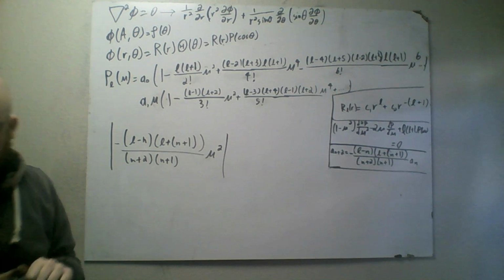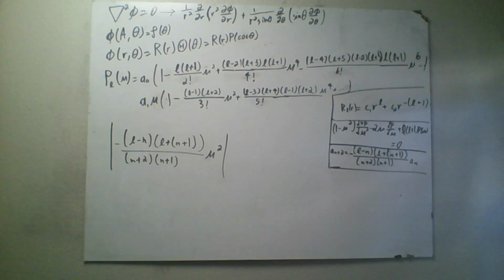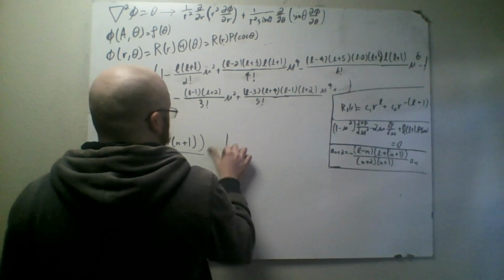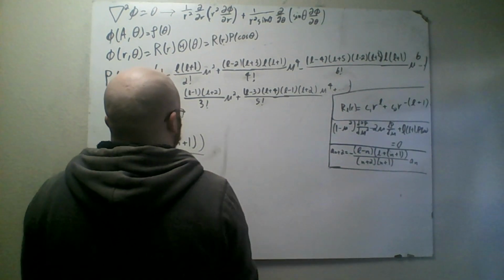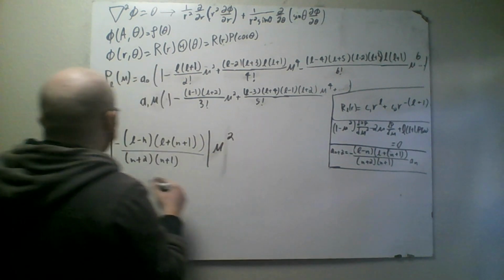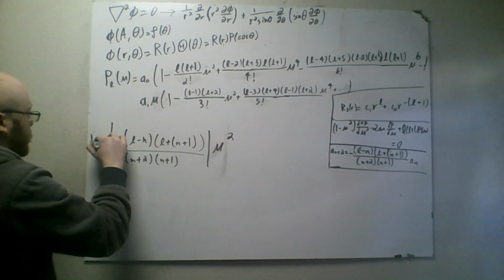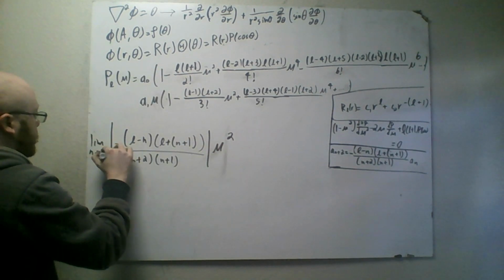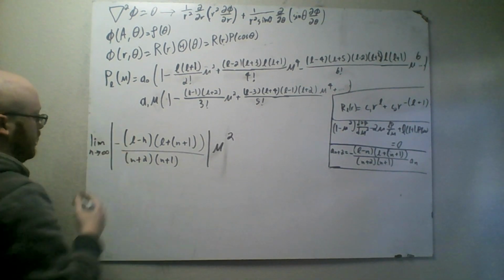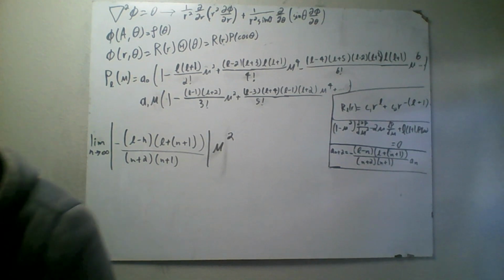That is the ratio between the two terms. So we can pull the mu squared out here, because it's positive, obviously. And then we want to know the limit as n goes to infinity.